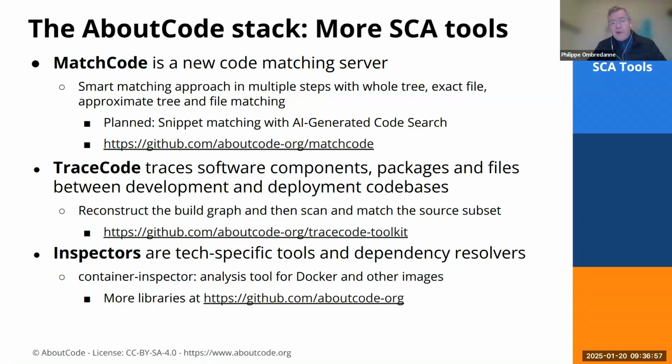It's also able, which is really important, to match whole file trees, exact files, and match also these approximately. So that's the way we went about developing MatchCode: to say, let's look at the tools in the space.